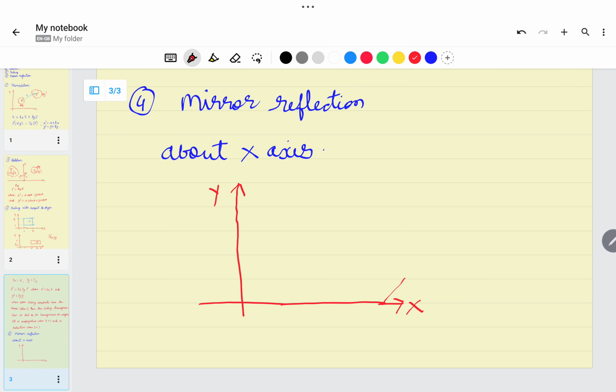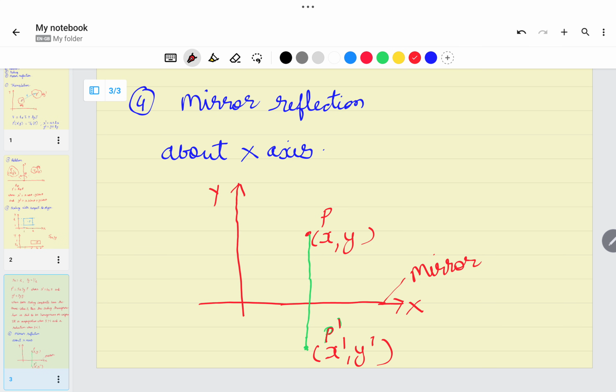Here x-axis is acting as a mirror. So point P will have a reflection and new position P dash, x dash y dash.